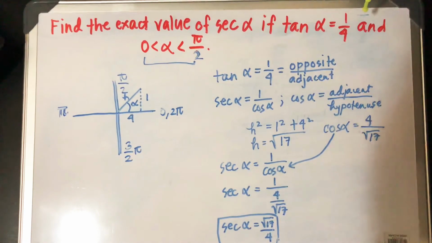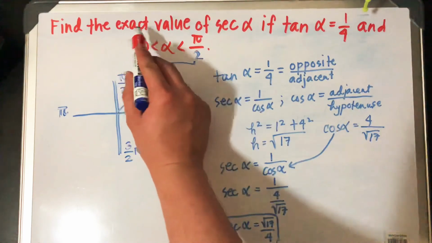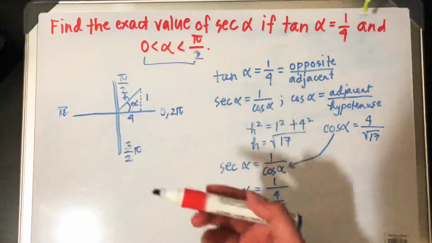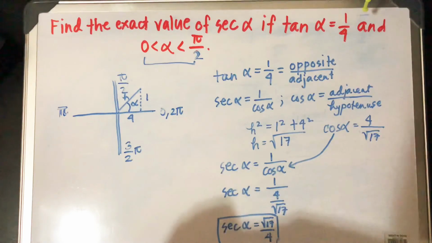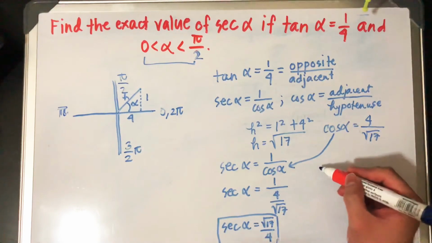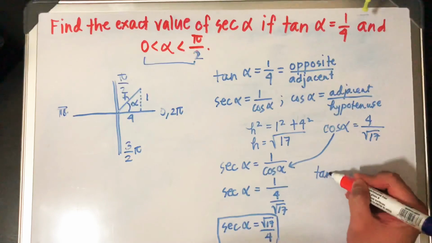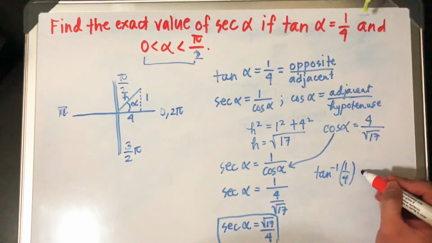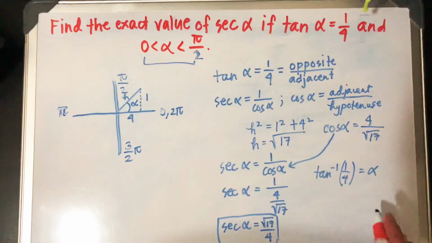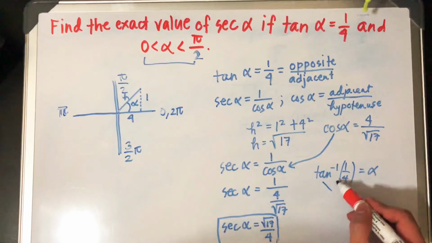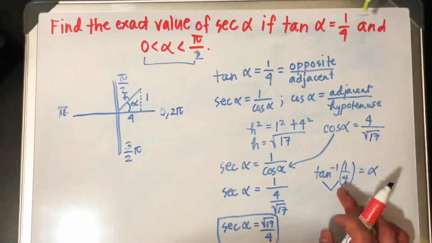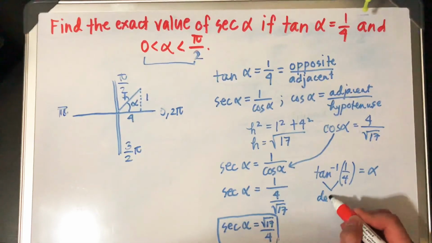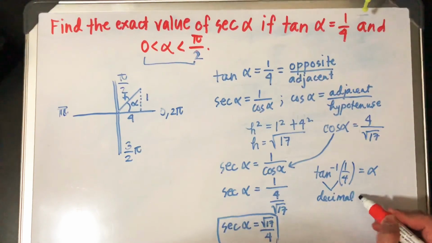Now, before we end the video, again, we are looking for the exact value. You might ask why I did not get the inverse tan of 1/4 in order to get alpha. The problem is that if we do this in the calculator, it will give us a decimal value.